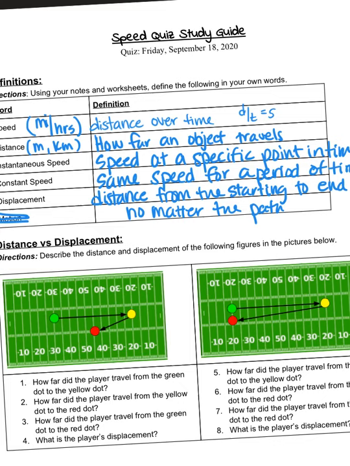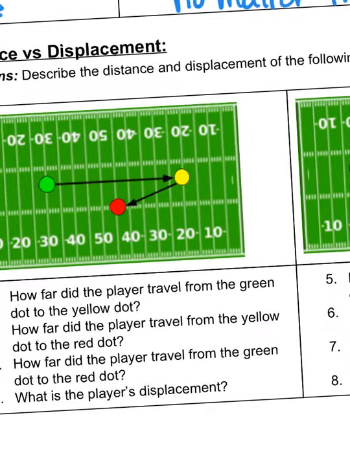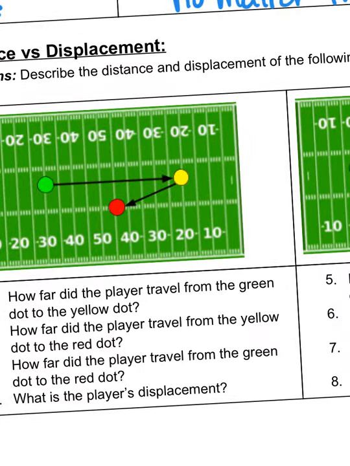All right. Now, I saw a lot of you guys struggling yesterday with these, so we're going to go over them together. Okay, how far did the player travel from the green dot to the yellow dot? First of all, this says how far, so we're looking for a distance.